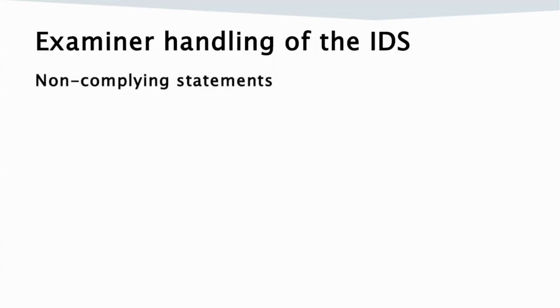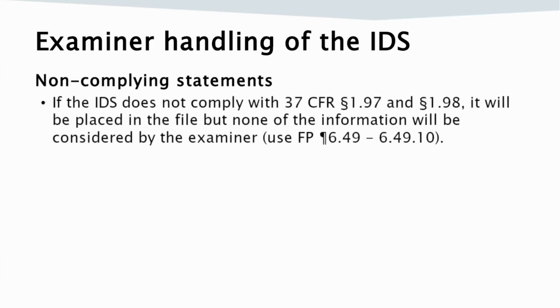The information disclosure statement will be reviewed for compliance with the requirements of 37 CFR 1.97 and 37 CFR 1.98. Applicant will be notified of compliance and non-compliance. If the IDS does not comply with 37 CFR 1.97 and 1.98, it will be placed in the file, but none of the information will be considered by the examiner.